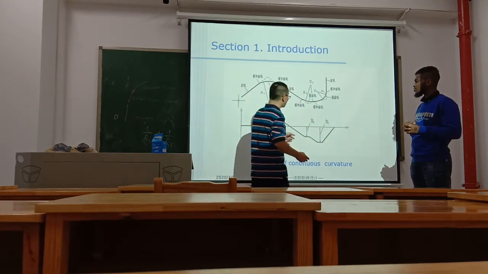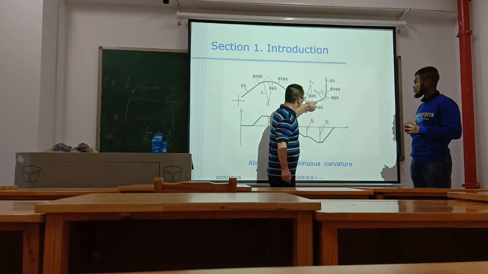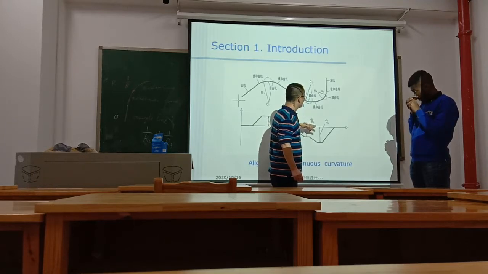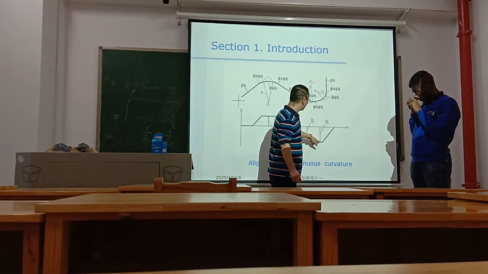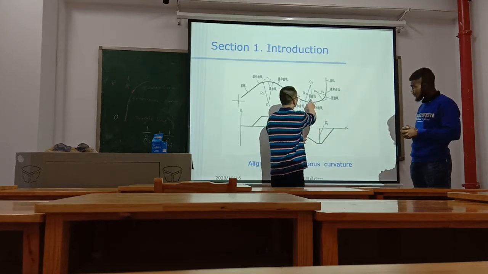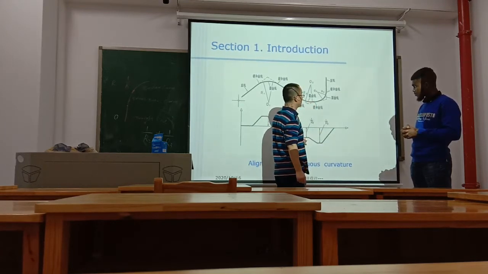So the coverage of this transition curve changes from 1 divided by R2 to 1 divided by R3. This section is the transition curve. This is the R2 circular curve. This is the R3 circular curve.